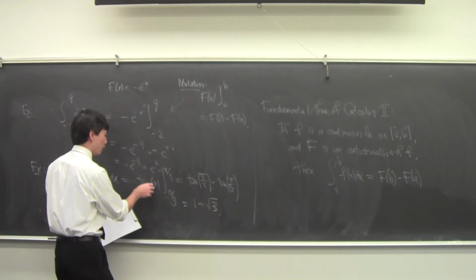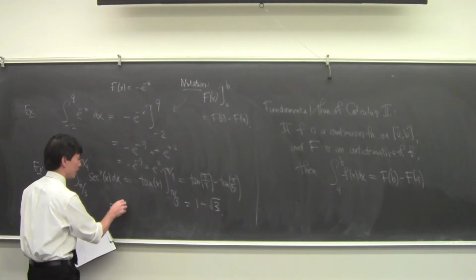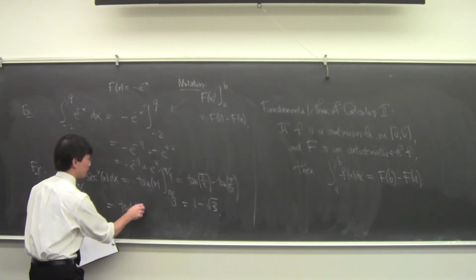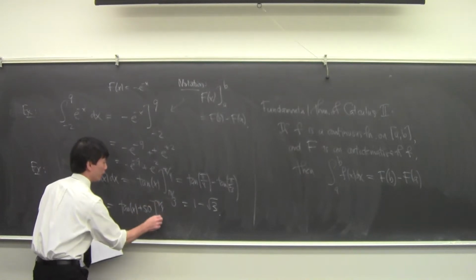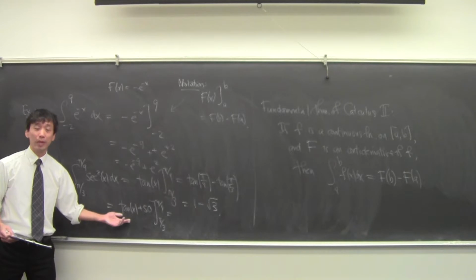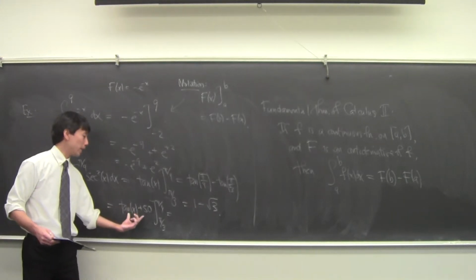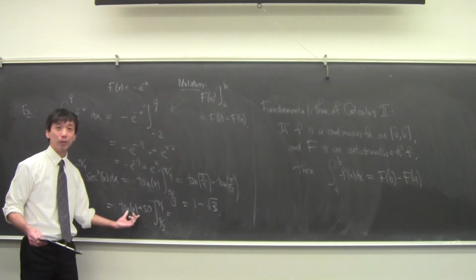Notice that we could have used any other antiderivative. All the antiderivatives differ by some constant. So if I had said tan x plus 50, between pi over 4 and pi over 3, that's also going to give me the right answer. Why? Because I get tan pi over 4 plus 50 minus the quantity tan pi over 3 plus 50.